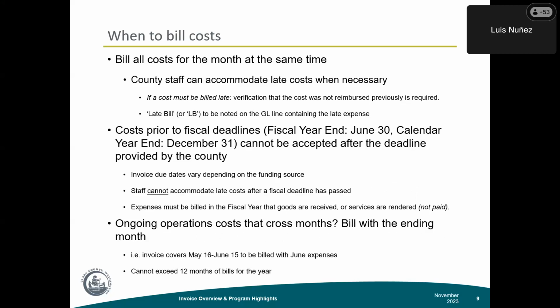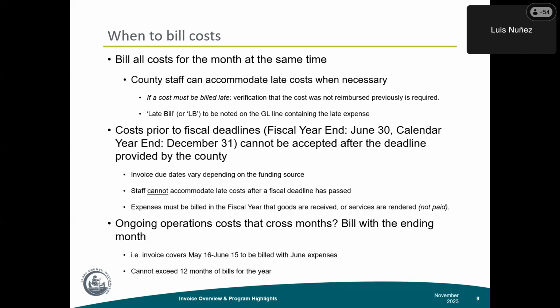So, when to bill costs. We are requesting that all costs for a month be billed at the same time. So all September expenses are billed in September and on the September invoice. There is room for accommodating late costs.